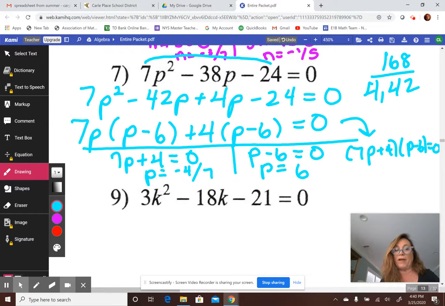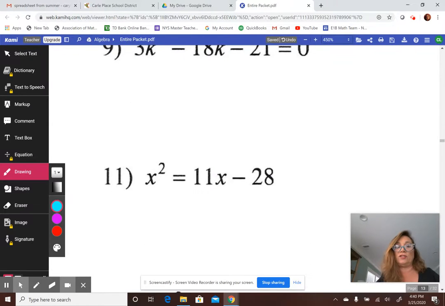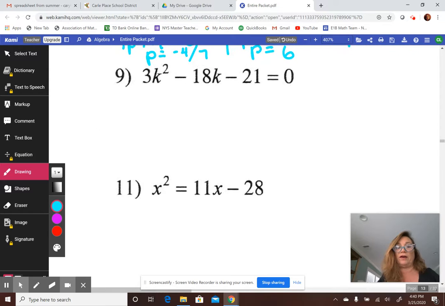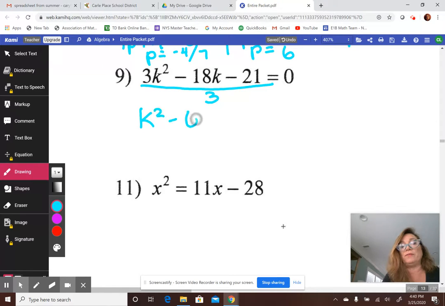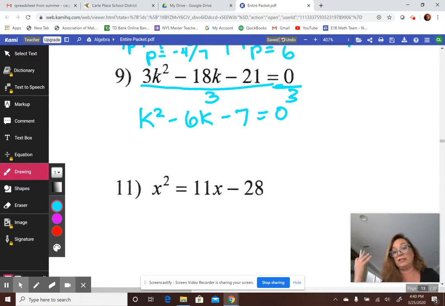Okay. All right, one more, and then you can just check the rest by yourself. All right, so number 9. Oh, I like number 9 because I'm going to divide everything by 3. And you don't have to. Remember this, there's no, oh my God, you better do this. It's just easier if I divide by 3, because now I'm working with a 7.